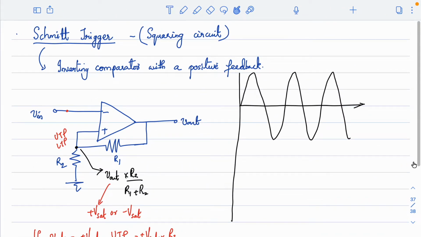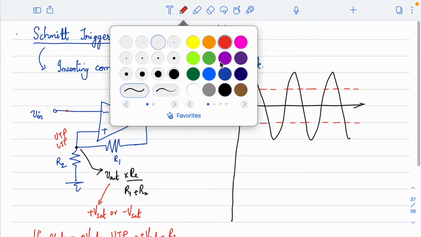So look at this. Based on the output signal, I can mark this as the upper threshold point and this as the lower threshold point. Now how the circuit works: I'll assume that the input signal is starting from 0.